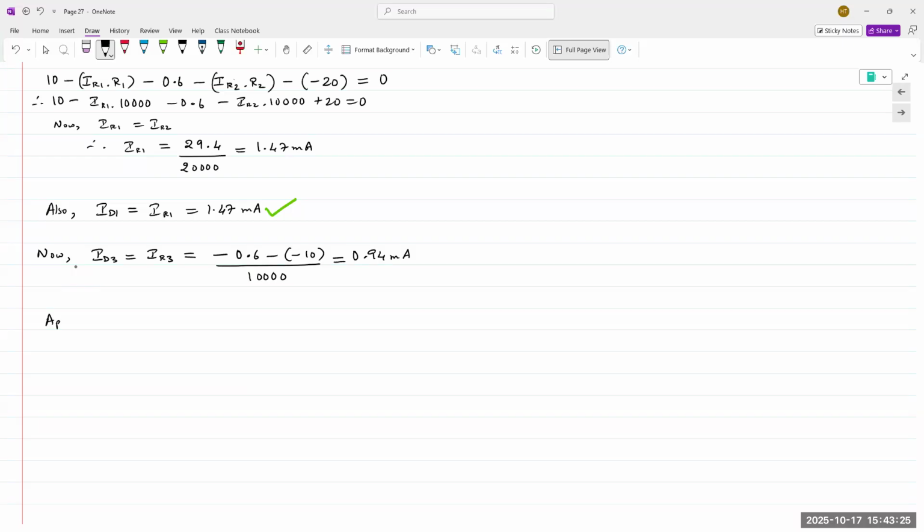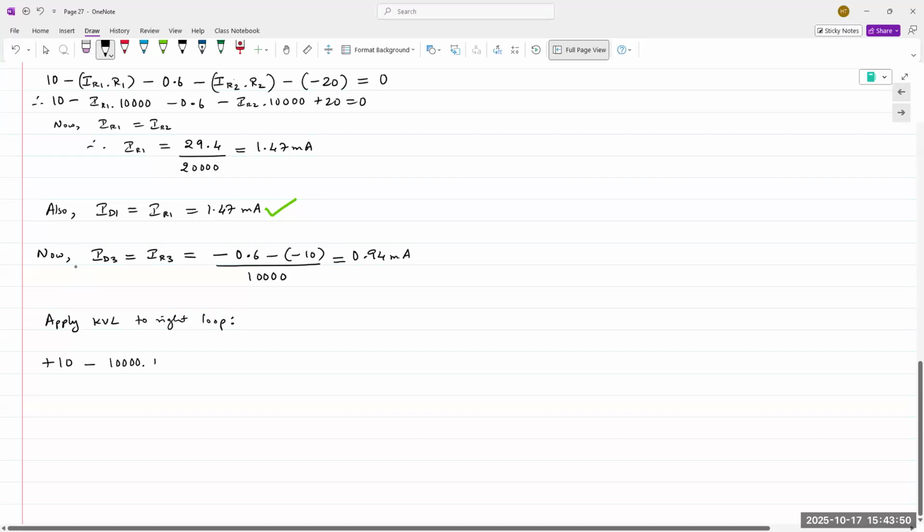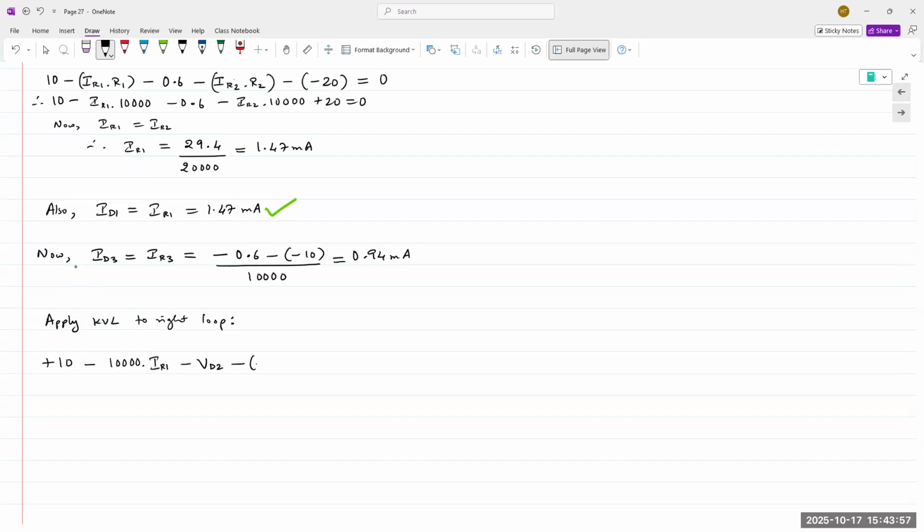Now apply KVL to the right loop. And on the right, I have plus 10 minus 10,000 R1 of IR1 minus VD2 minus of minus 0.6 equal to 0.